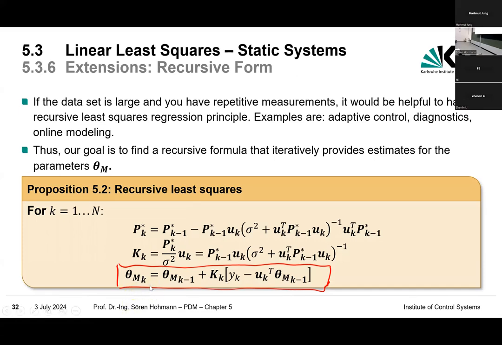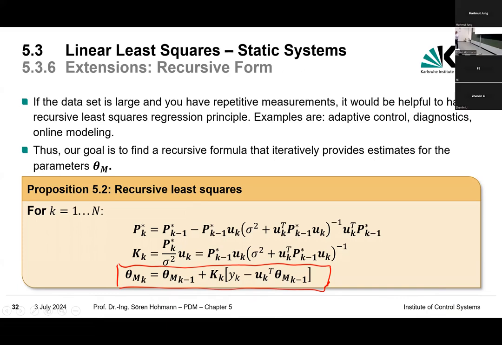And the interesting fact, and that's perhaps the message I want you to take away: we can calculate the new estimate K based on the old estimate K minus 1 plus something.